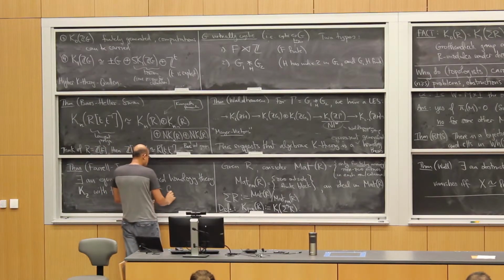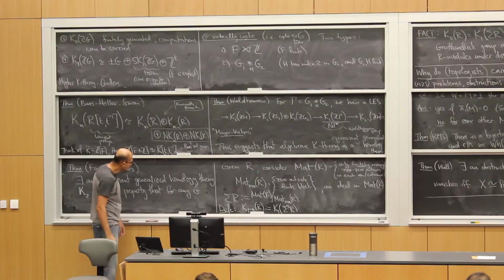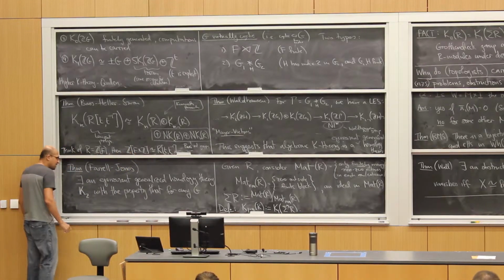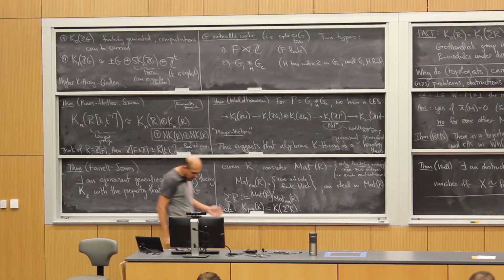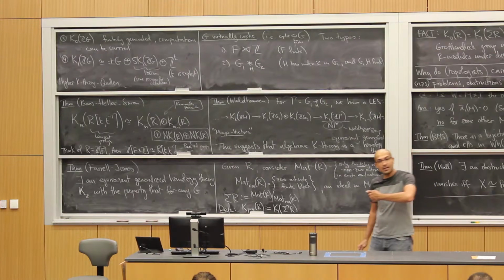For any group G, to evaluate an equivariant generalized homology theory, I need to give you a space and the group acting on the space.